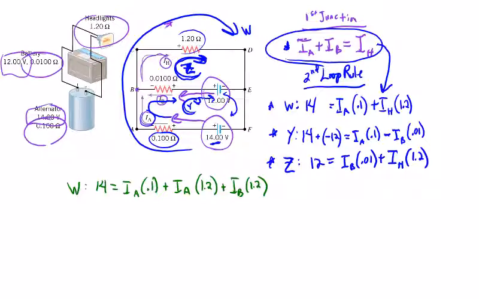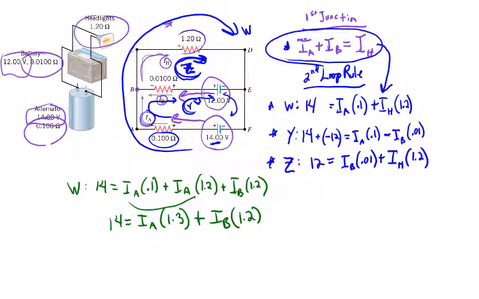Once I get it like this, I can combine these 2 together and say that I have 14 equals IA times 1.3 plus IB times 1.2. You go, okay, that didn't get me anywhere.